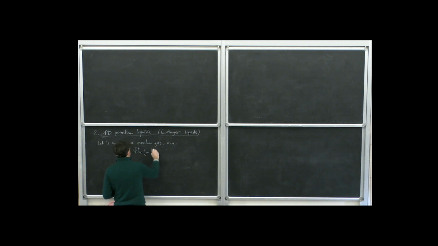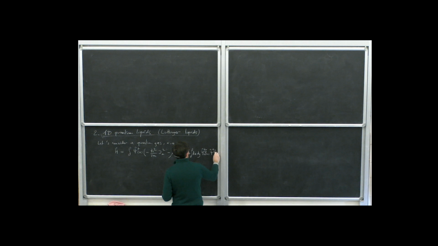Let me put the factors h bar and m for a second, and then I will set h bar equals m equals 1. There's a chemical potential just so that the ground state has a finite density, and then there are some interactions between the particles.